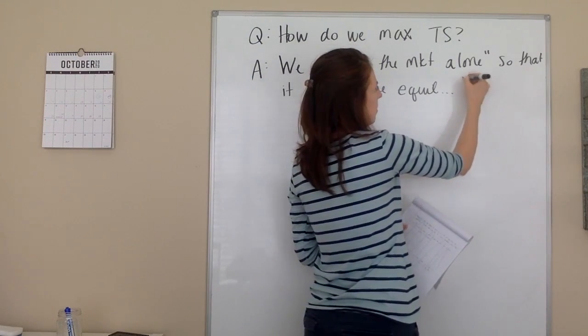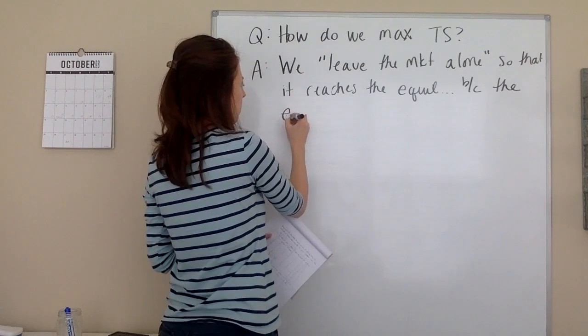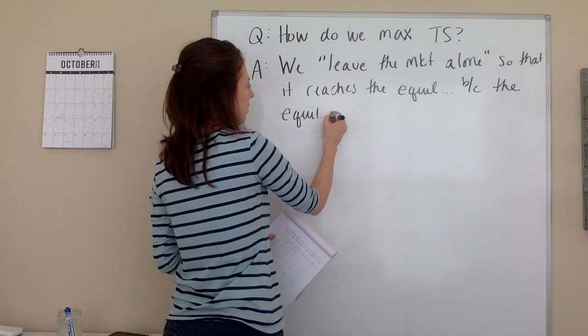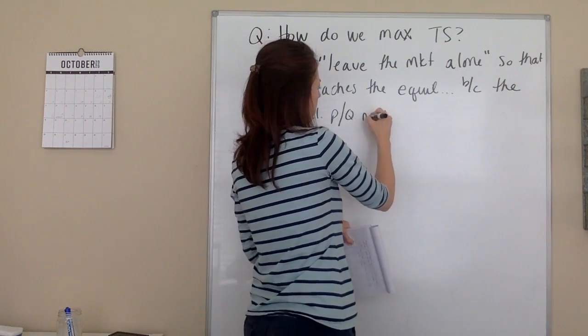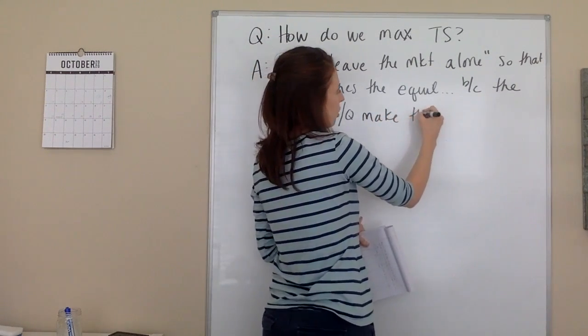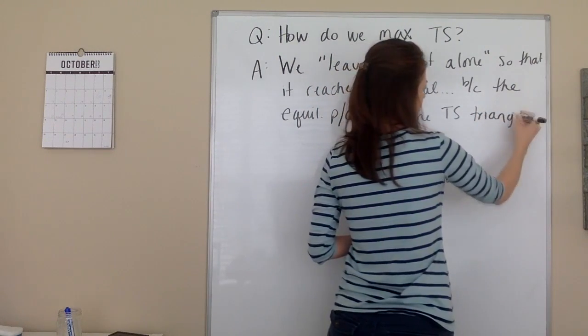And this is because the equilibrium price and quantity make the total surplus triangle as big as it can be.